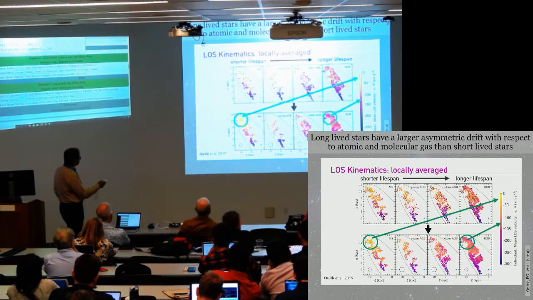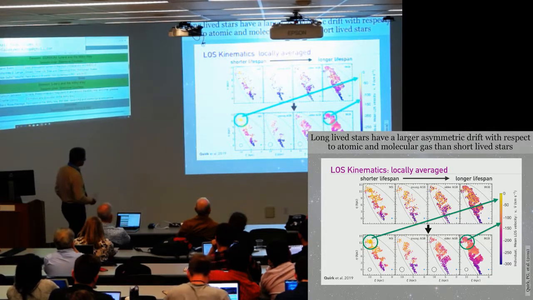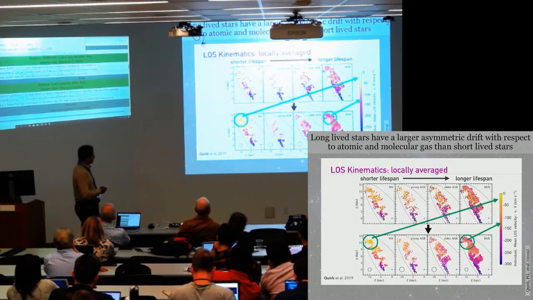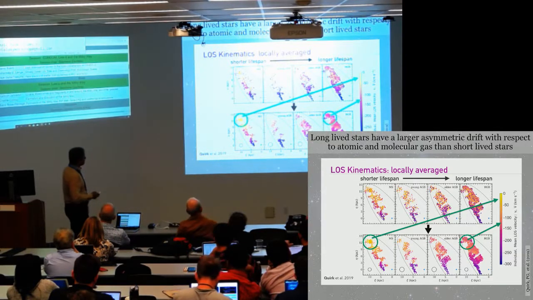And it's a little difficult to see in the colors of individual stars, but if you smooth the map, that is, if you replace each star's velocity by the mean velocity of its neighbors, not velocity dispersion now, but mean velocity of the neighbors, you can see a rotation pattern, and a clear trend: the range of velocities is greatest for the youngest, shortest lived stars.